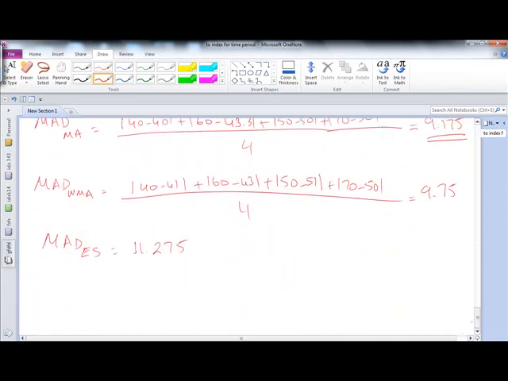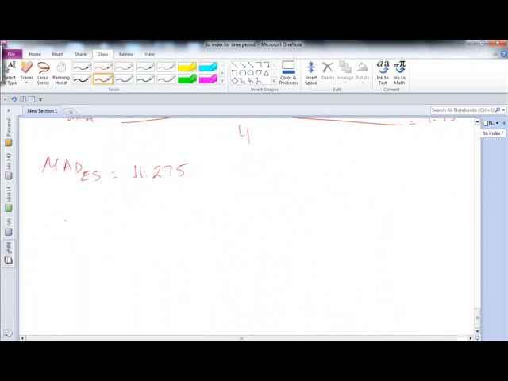Another forecast accuracy metric or forecast error metric is called standard error of forecast, or SF, and its formula is as follows.